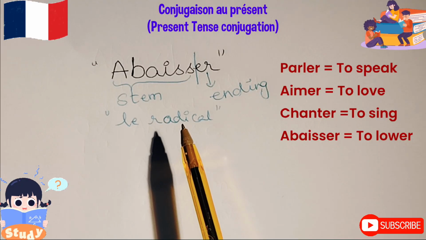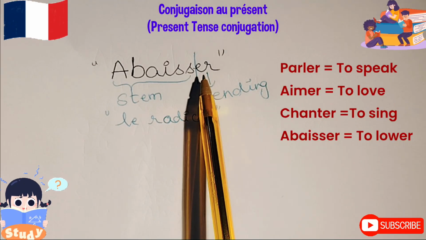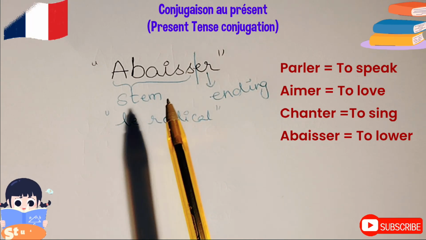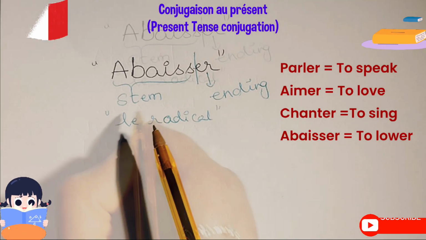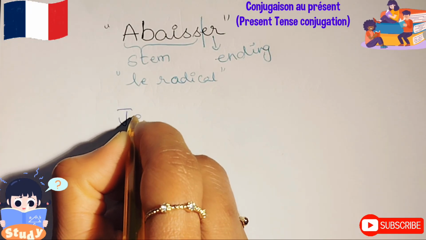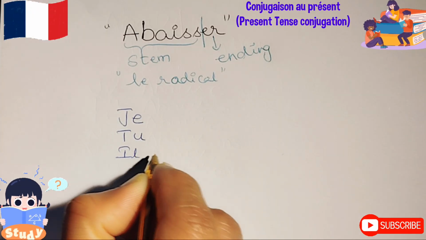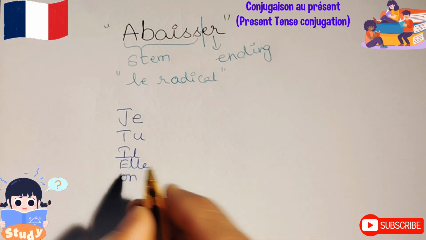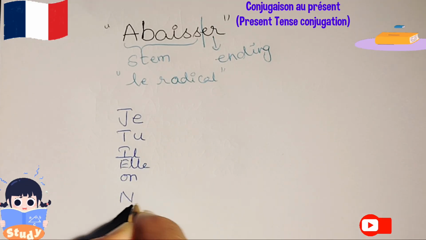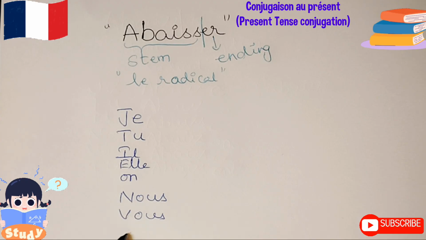Now, the next step is we have to add the present tense endings for the verbs which end in er. Before going to see the French rule for the present tense conjugation, let us write the personal pronouns. The pronouns are je, tu, il, elle, on, nous, vous, ils, elles.